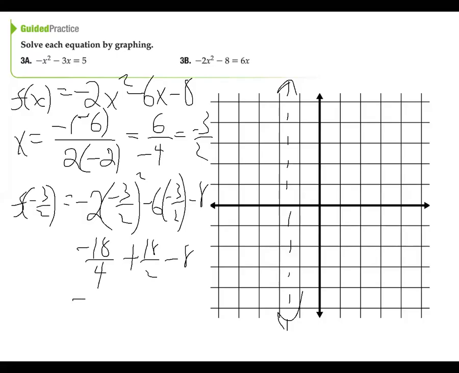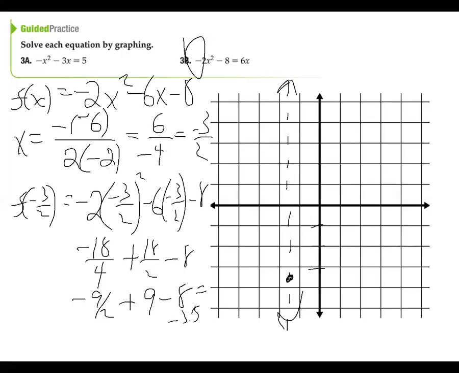So that's going to be negative 9 halves plus 9 minus 8. And if we figure that out, 9 minus 8 is just 1, so negative 9 halves plus 1 is negative 3.5. So here's 1, 2, 3, negative 3.5 is right there.